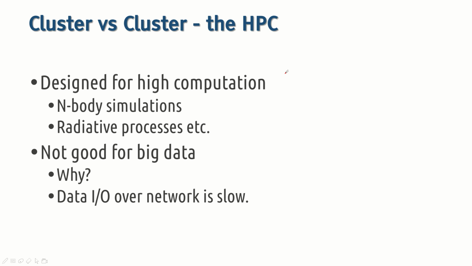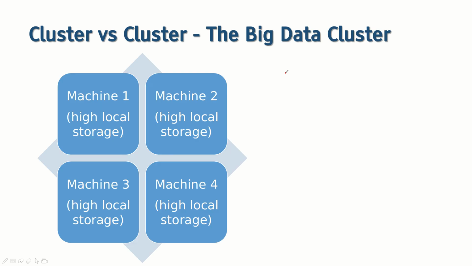So the HPC is not designed for big data analysis. The primary reason is because HPCs assume that data input output over the network is minimal, whereas big data by definition means that data input output over the network is going to be very large. And since that is a very slow part of the system, this is not a good idea.